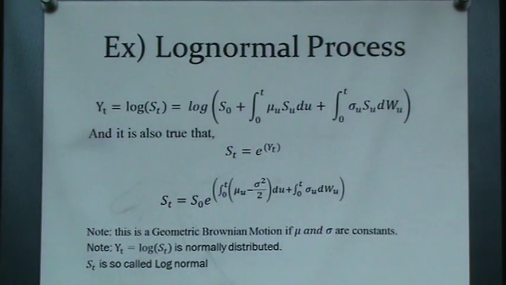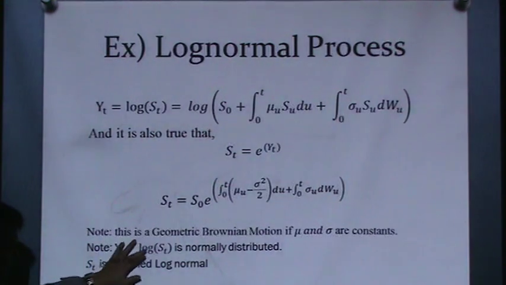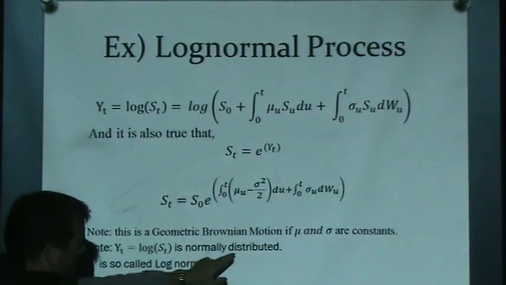So let's see something interesting. This is a geometric Brownian motion with mu and sigma as constants. Note that y of t, which is equal to the log of s of t, is normally distributed.